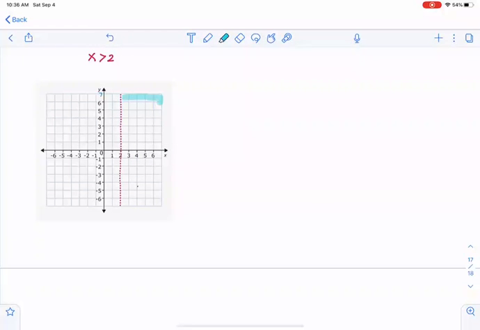So all of this will be a solution for x greater than 2. So we are looking at this inequality from the perspective of a function.